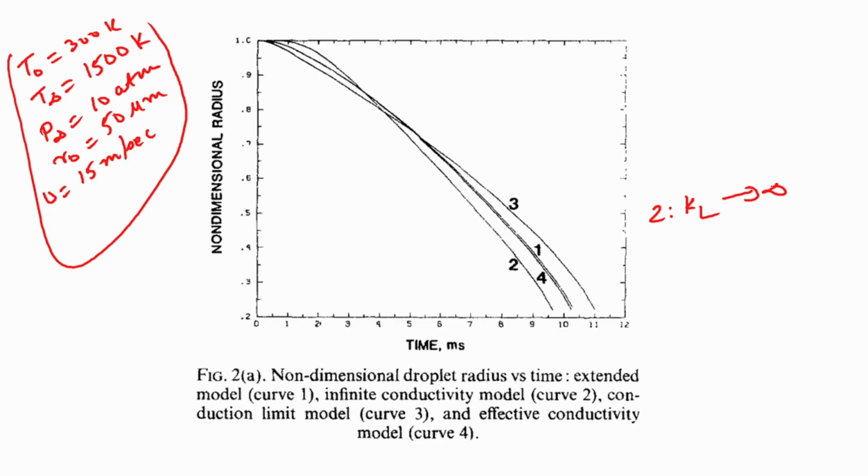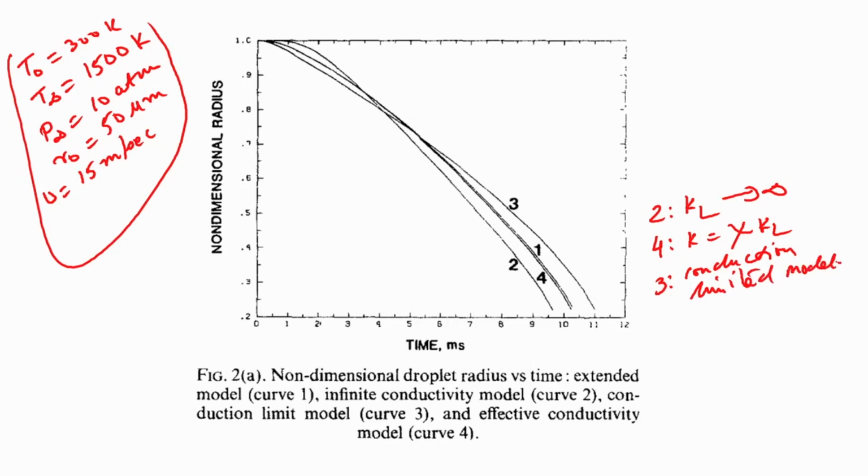And the effective conductivity model is 4, which we just now said, where K is equal to chi times K_L. The third, number 3, is the conduction limited model. We already covered what a conduction limited model is.